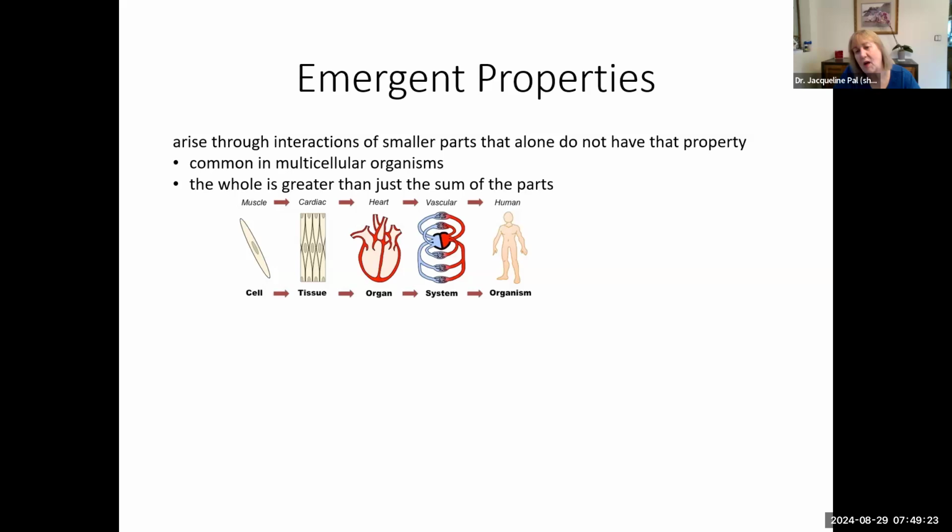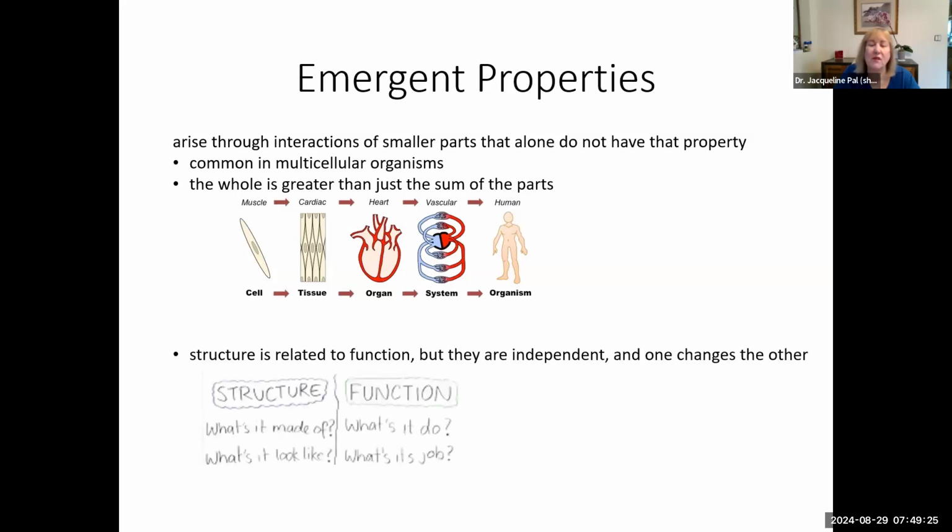And the second property I want you to become aware of has to do with structure and function. They are interdependent, and they change each other. When we talk about structure, this is the anatomy part of things. What is it made of? What does it look like? That's the anatomy. The function is the physiology. What does it do? What's its job?